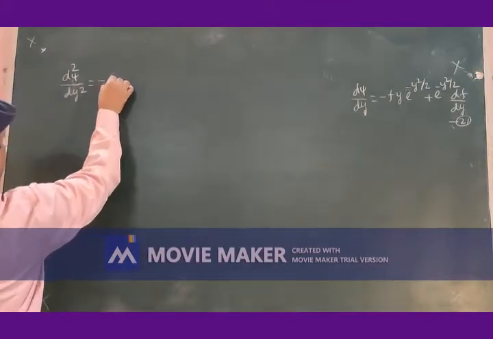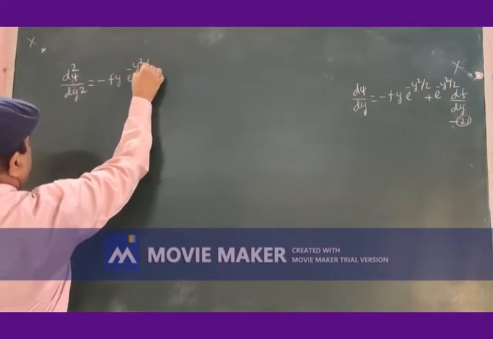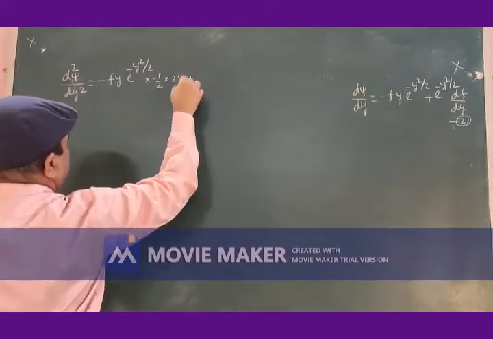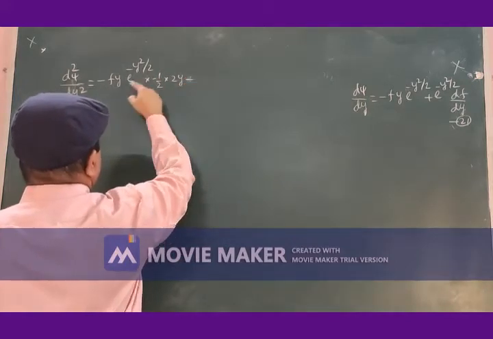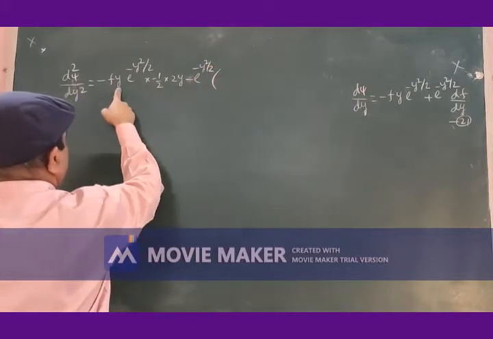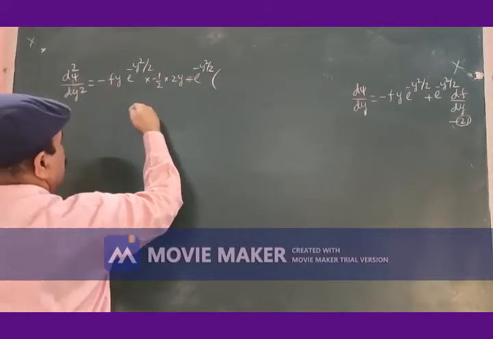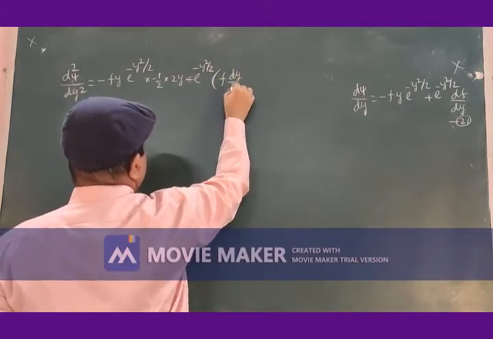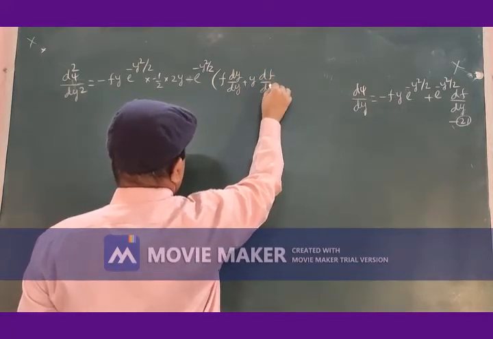Minus fy, with the first held constant, third one differentiated, then this minus, this is held constant: fy, hold f constant, differentiate y, then hold y constant, differentiate f. So with f held constant, the differentiation of y is dy by dy, and with y held constant, the differentiation of f is df by dy.